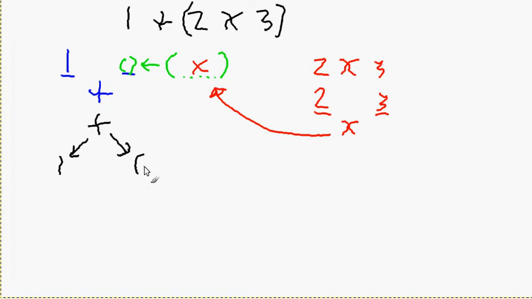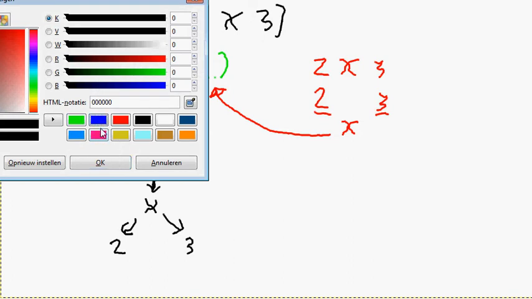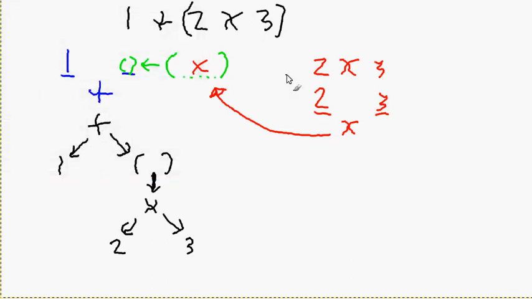So this is the parentheses, which branches more or less into the times operator, which branches into this 2, and which branches into this 3. So now we've got it parsed. We know it makes sense in the sense that its syntax is correct.